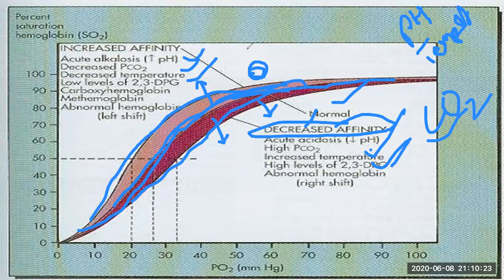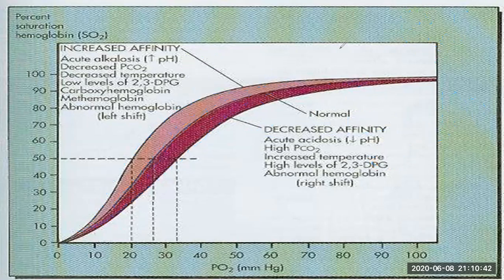So when pH increases and everything else decreases, it favors the movement of the oxygen hemoglobin dissociation curve towards the left-hand side, meaning a strong binding affinity with the oxygen molecules takes place.